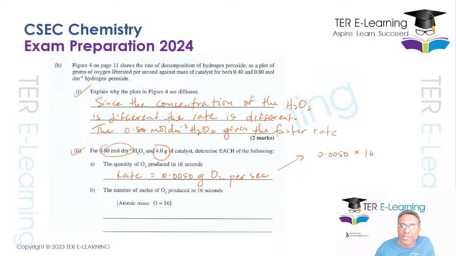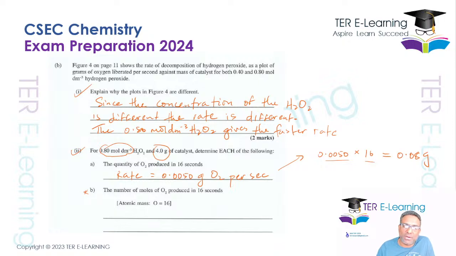Because in 1 second you produce 0.005, for 16 seconds you multiply 0.005 by 16, and you're going to get 0.08 grams of oxygen gas. So we took the rate and multiplied by the time, which is 16 seconds. Part B, we want to work out the number of moles of O2 produced in 16 seconds.